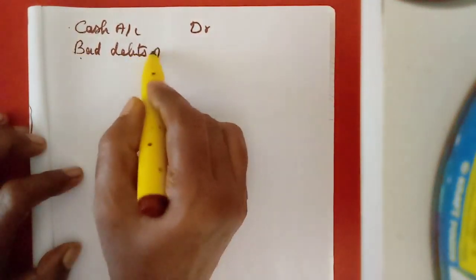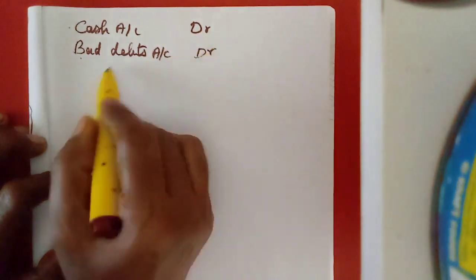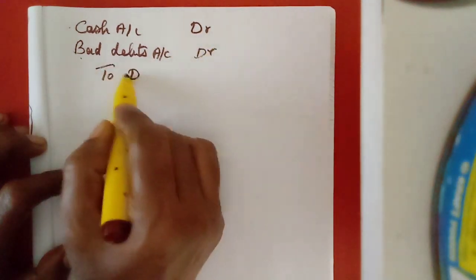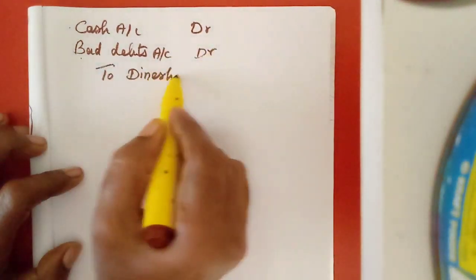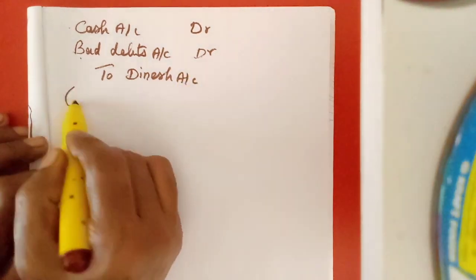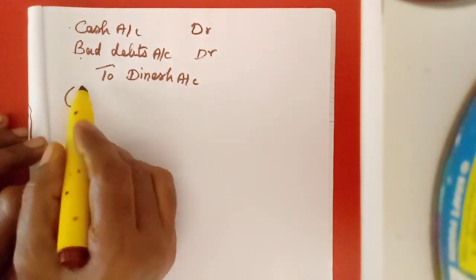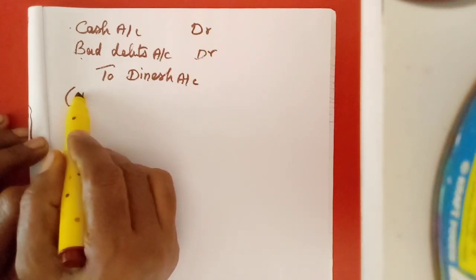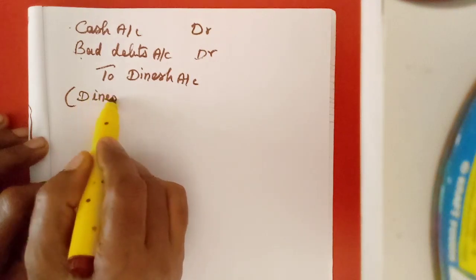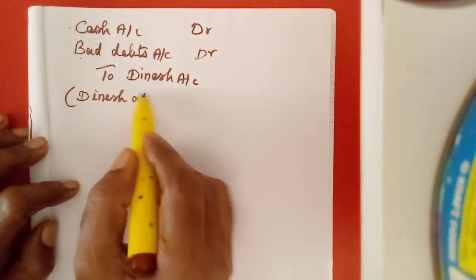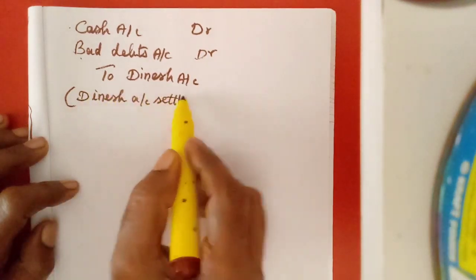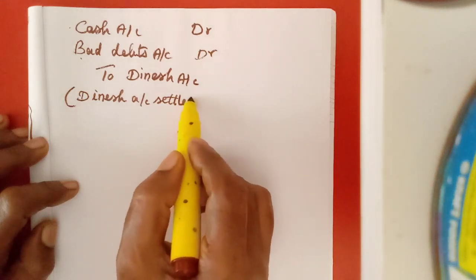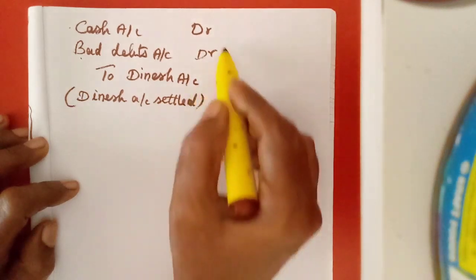Bad debts account debtor to Dinesh account. Then narration: cash received or Dinesh account settled. The settlement of Dinesh account. Okay, anything you can write.